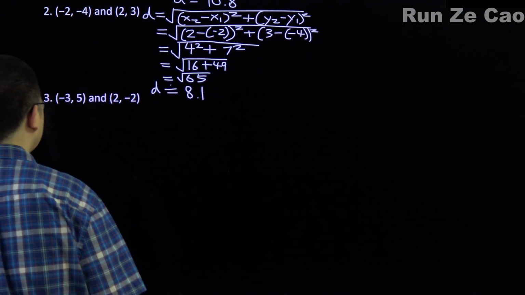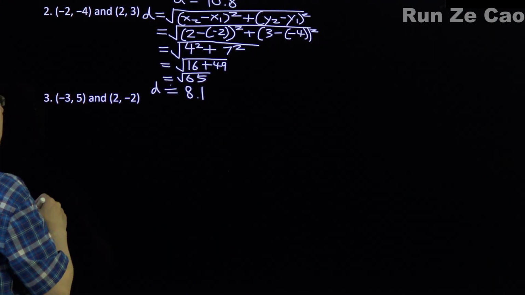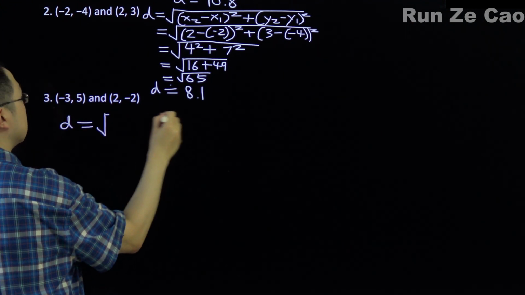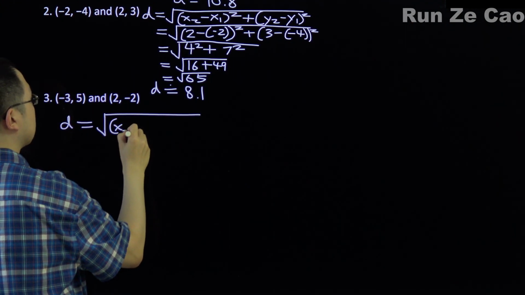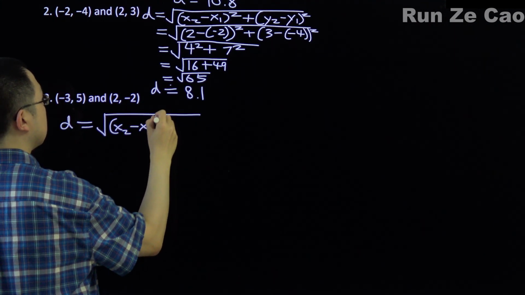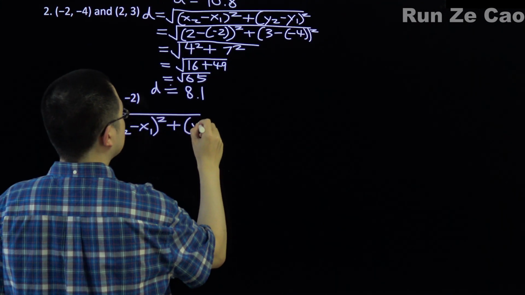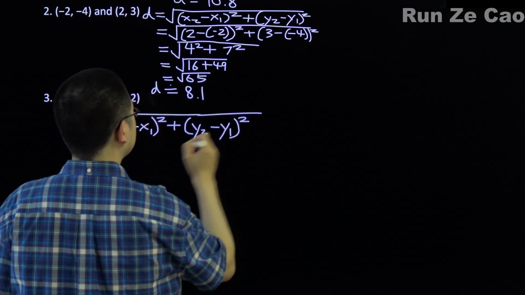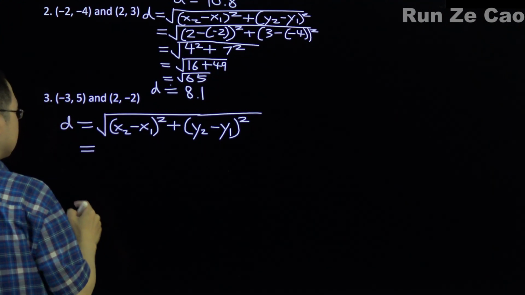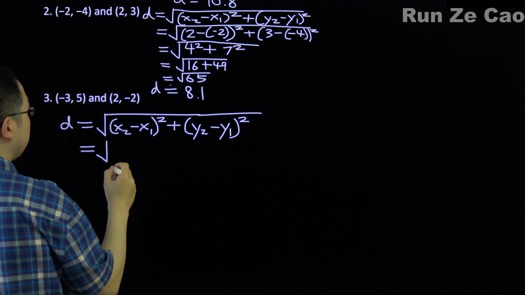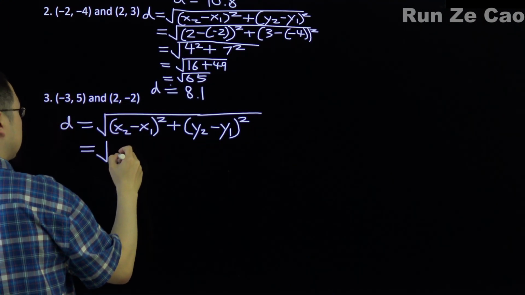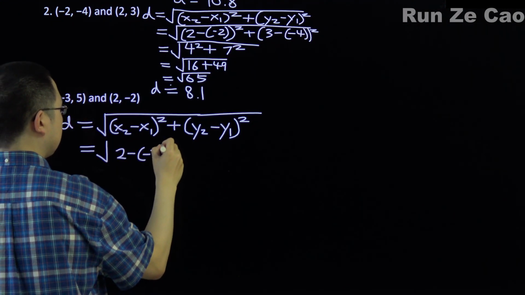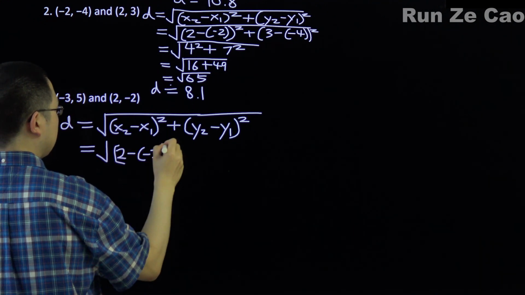Okay. (-3, 5) and (2, -2). Well, distance is root of x2 minus x1 squared plus y2 minus y1 squared. Which means root of x2, that's 2 minus -3 squared.